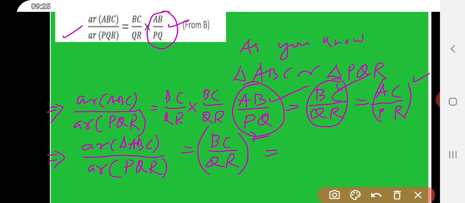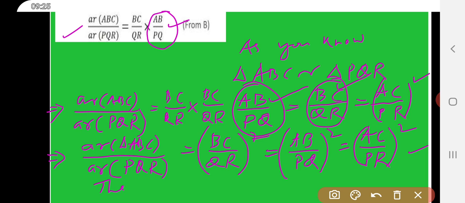So we can write AB by PQ whole square is equal to AC by PR whole square. So the theorem is proved.